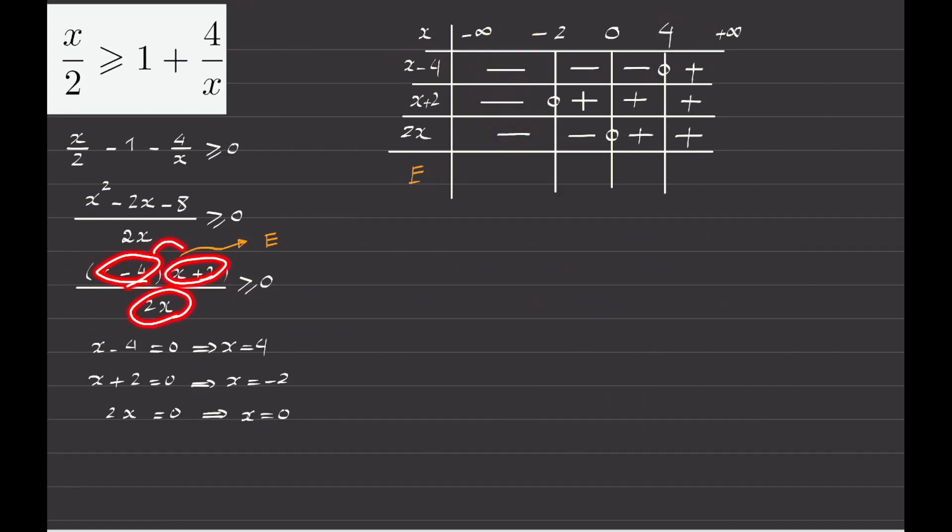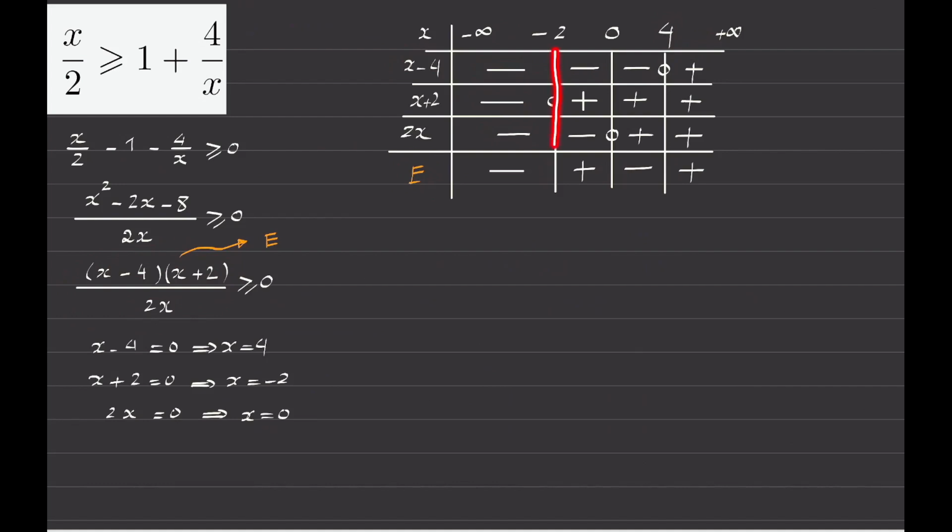So when I multiply these two negative values, it becomes positive, and when divided by negative, it becomes negative. So it becomes negative, and then here I have 2 negative, 1 positive, so the final answer will be positive. The next one will be 2 positives and 1 negative, so it becomes negative, and finally the last one is also positive.